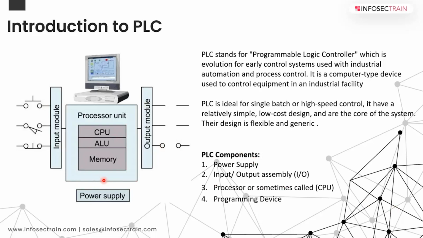Then with the advent of Ethernet, Internet protocol, and so on, there's a separate module for Ethernet. So the CPU acts like a programming device where programming functions are available, where based on the memory you can do some logic, right? The ladder logic or functional block diagram.